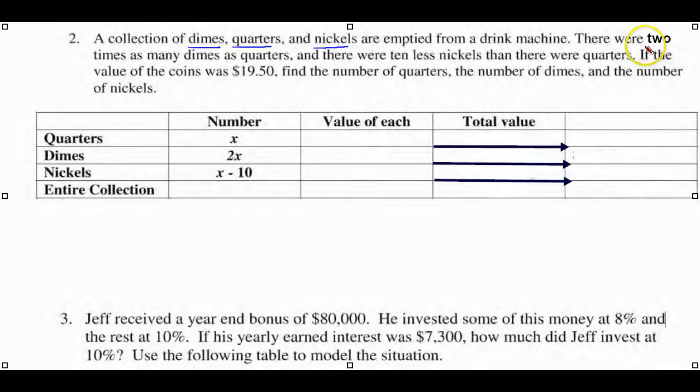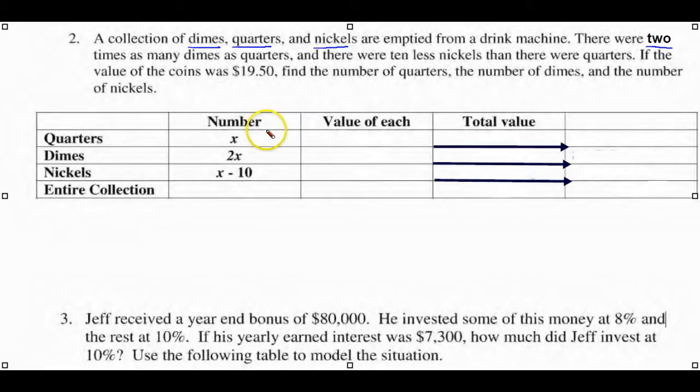So if we hadn't corrected that, scratch it out and put 2 there. There are 2 times as many dimes as quarters. There were 10 less nickels than there were quarters. If the total value of the coins was this, find the numbers of quarters, dimes, and nickels.